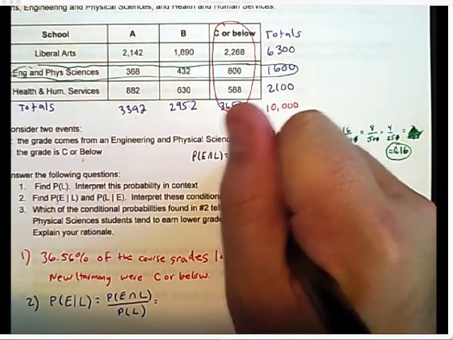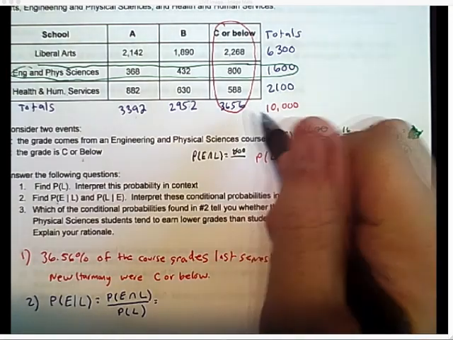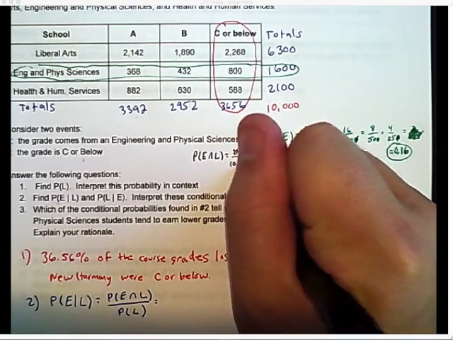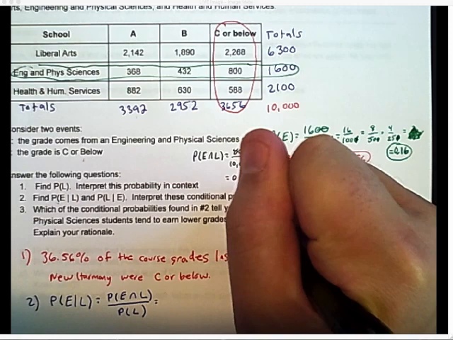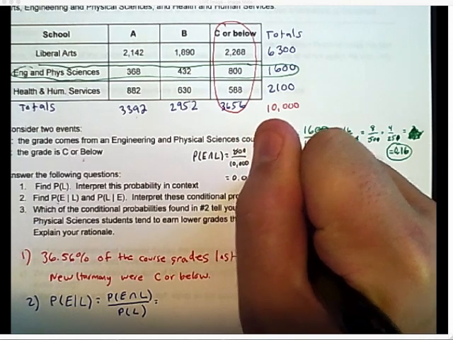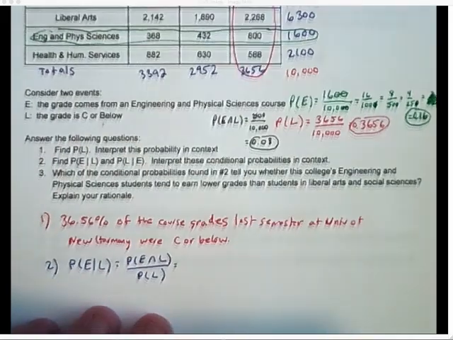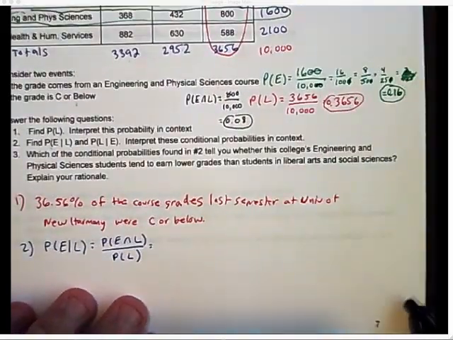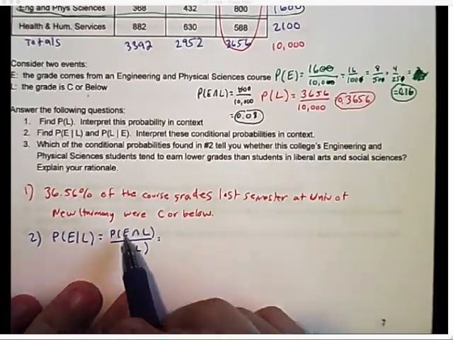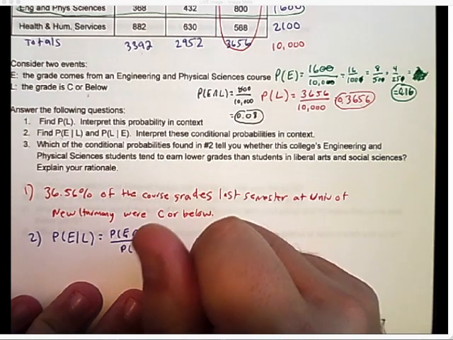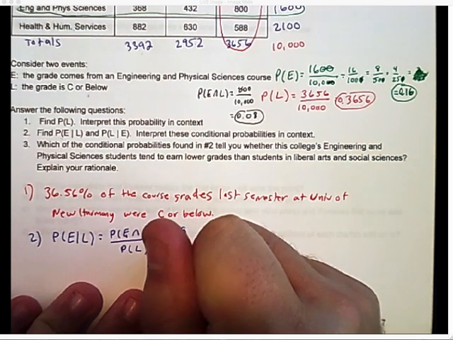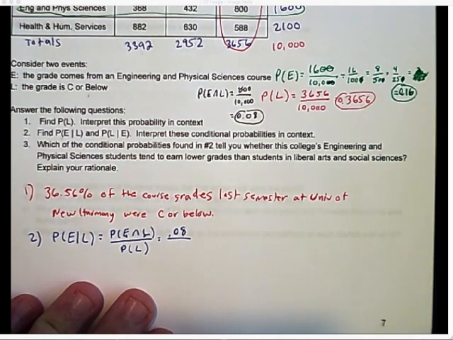So that was 800 out of the 10,000 students. So as a decimal, that is 0.08. So the probability of someone being an engineering student and getting a grade of C or below, that was 8%. So I take 0.08.